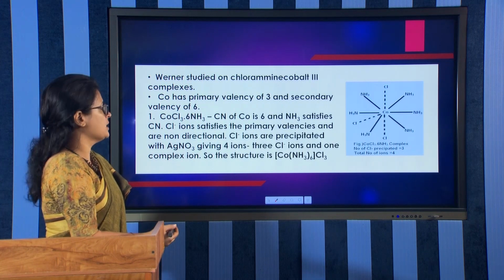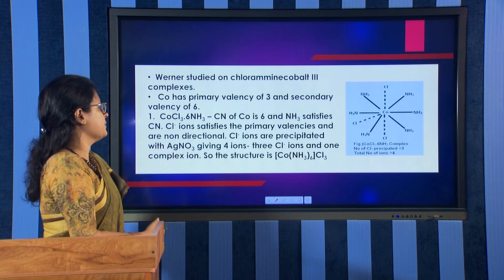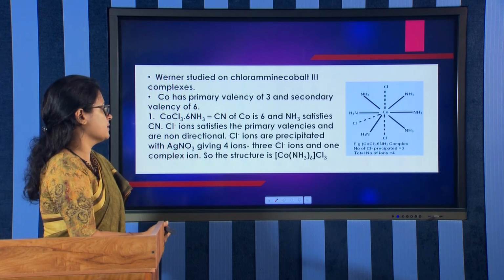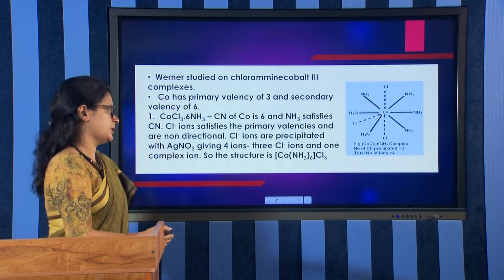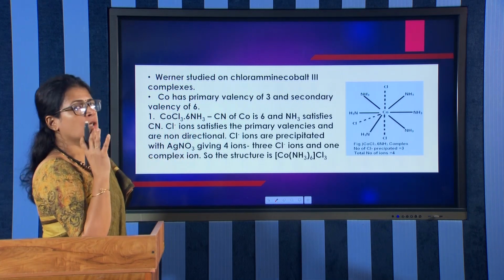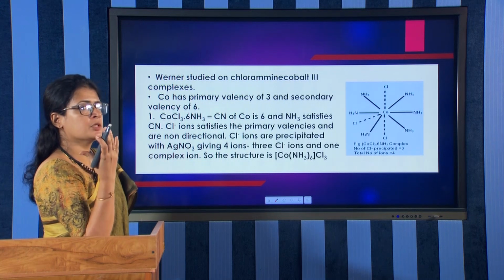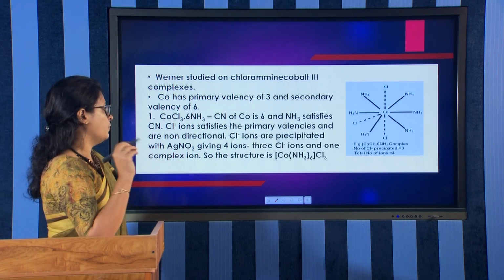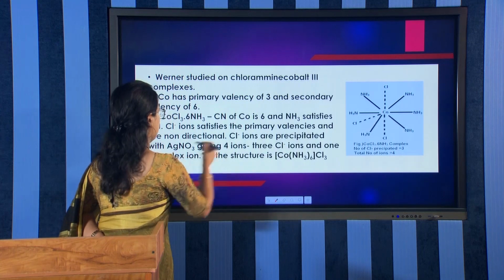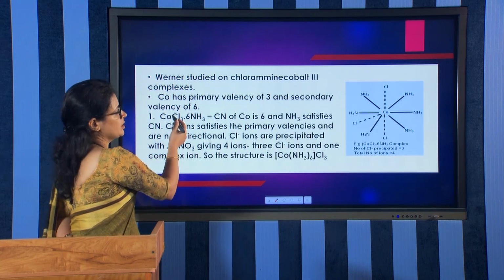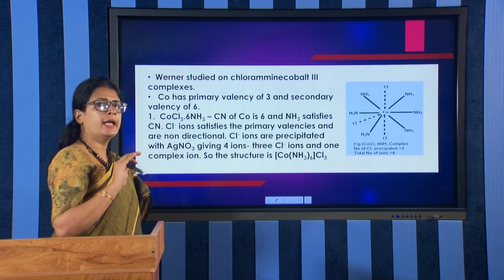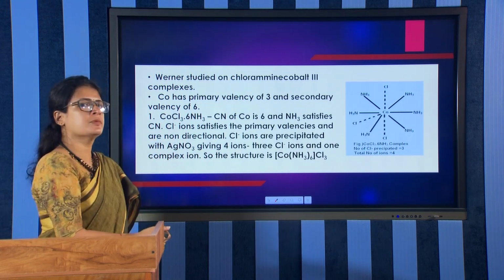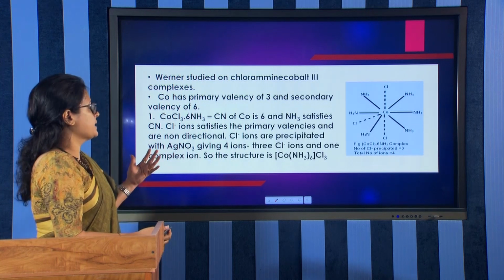When he studied this complex, he saw that 3 chloride ions were precipitated on the addition of silver nitrate. So, the total number of ions was 4, meaning 3 chloride ions and 1 complex ion.